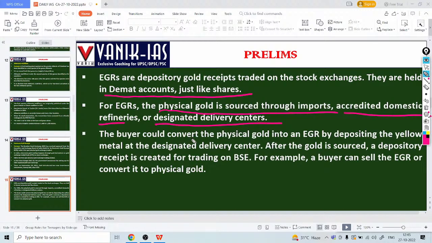The buyer could convert the physical gold into EGR by depositing the yellow metal at the designated delivery center. After the gold is secured, a depository receipt is created for trading on the Bombay Stock Exchange. A buyer can sell the EGR or convert it into physical gold as per the requirement. So this is a gold depository receipt.